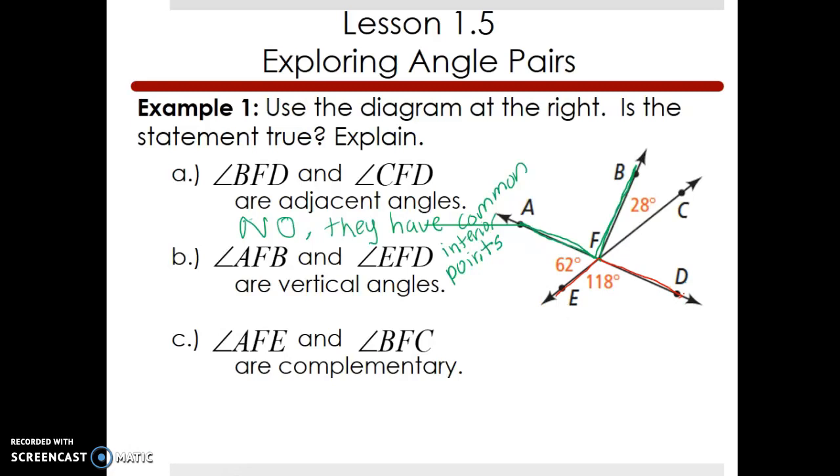If you remember, vertical angles have to be two straight lines crossing, and the opposite angles are vertical. If you see, this is a straight line, correct? If I drew a straight line, it would go like this. Are these vertical angles? No, because the second line is not a straight line.